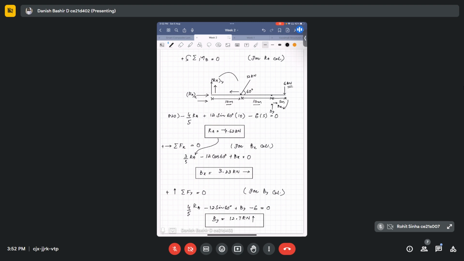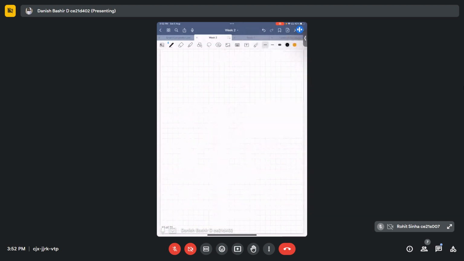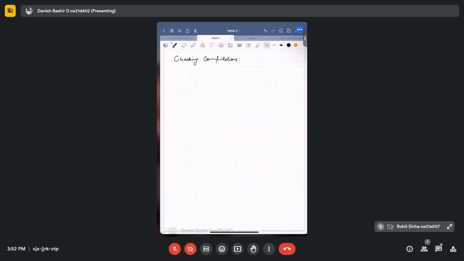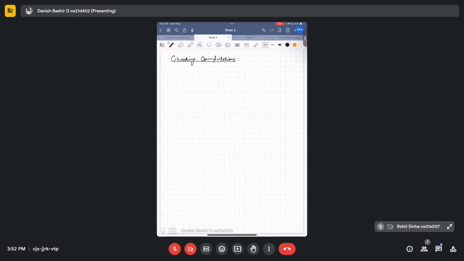So we computed all things: RA, both BX and BY. These are the total number of reactions. So we can have a safety check also, whether our calculations are correct or not. For that, we will check computations.